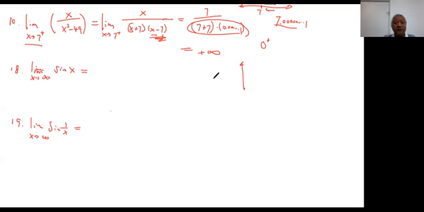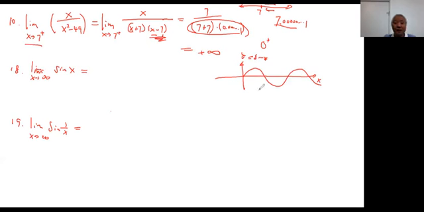For sine, how does the graph look? Everything we're talking about in calculus is related to trig and algebra.